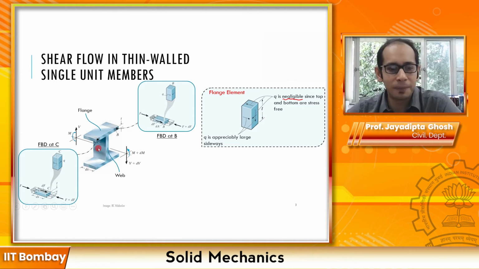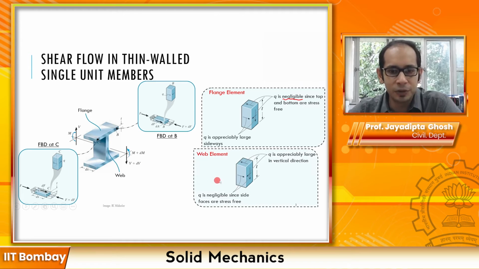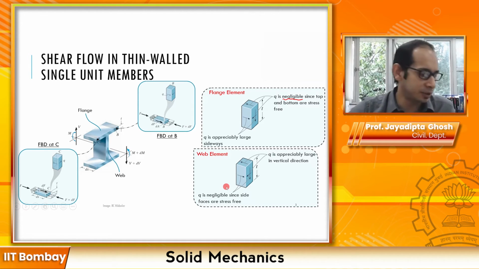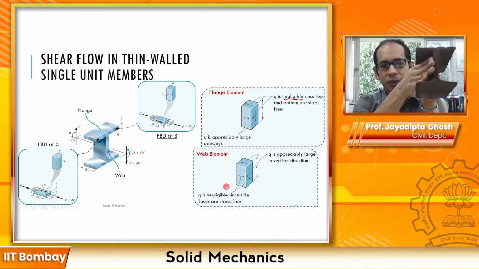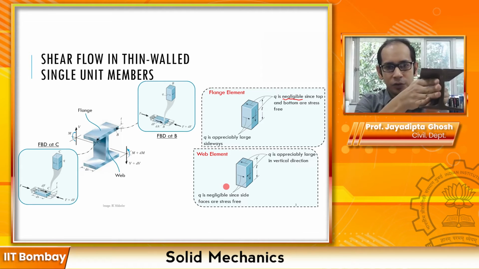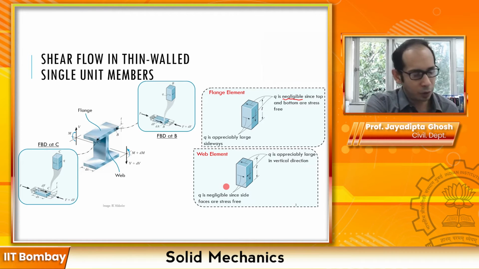See, in the web, as I said, on this face of the web that you see, there is no shear, right? So if you take a web element, this side which corresponds to this side over here, the shear is negligible simply because you do not have any force which is acting on this face over here. Since this is almost zero, this is also going to be zero because of complementarity, right?